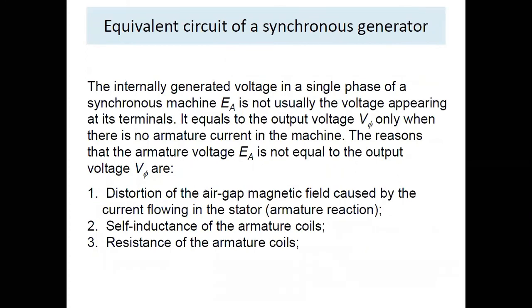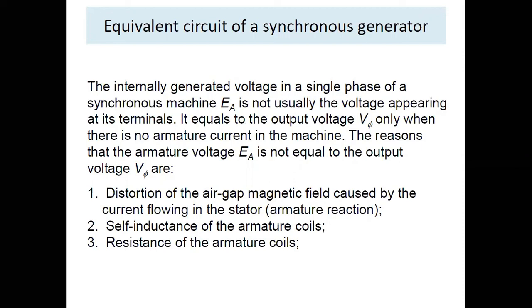The internally generated voltage in a single phase of a synchronous machine, E_A, is not usually the voltage appearing at its terminals. So the induced EMF is different and the terminal voltage is different. It equals the output voltage only when there is no armature current in the machine.